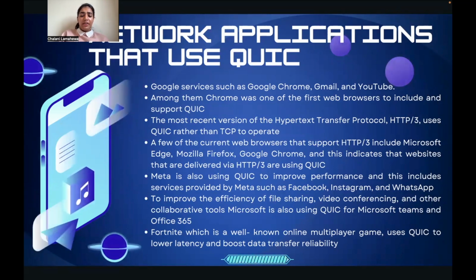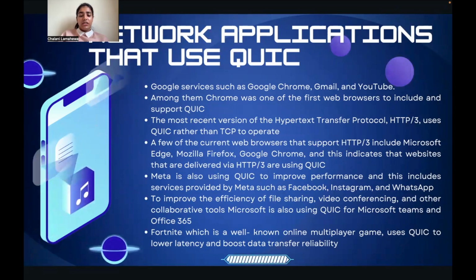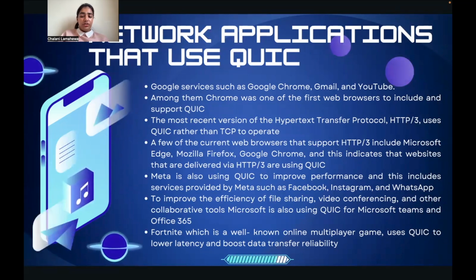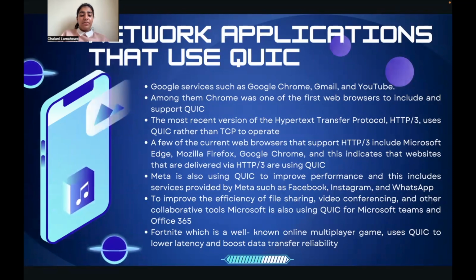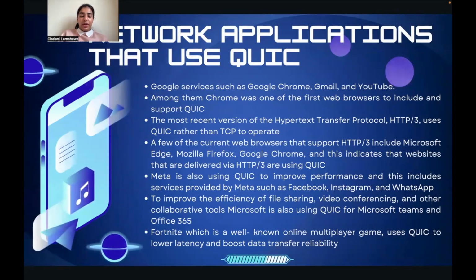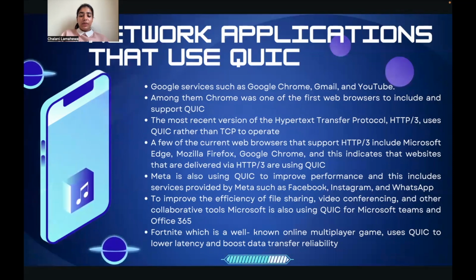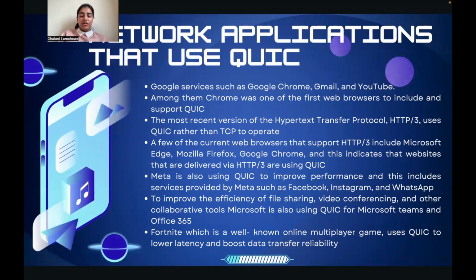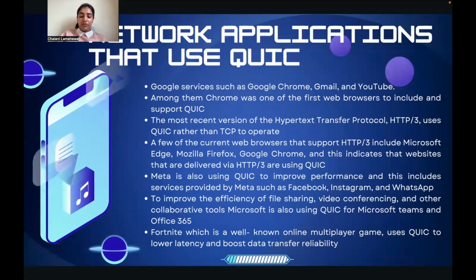A few of the current web browsers that support HTTP/3 include Microsoft Edge, Mozilla Firefox, and Google Chrome, and this indicates that websites that are delivered via HTTP/3 are using QUIC. Meta is also using QUIC to improve performance, and this includes services provided by Meta such as Facebook, Instagram, and WhatsApp.